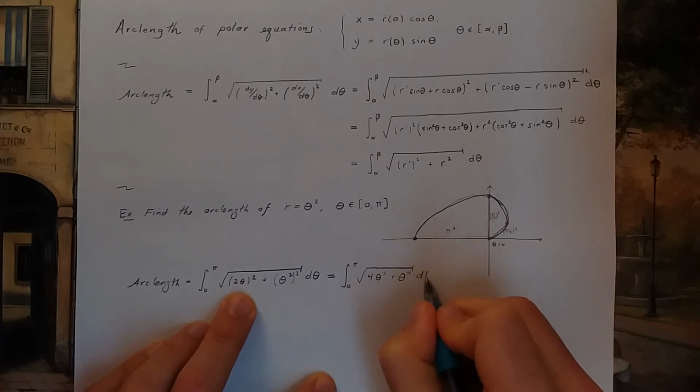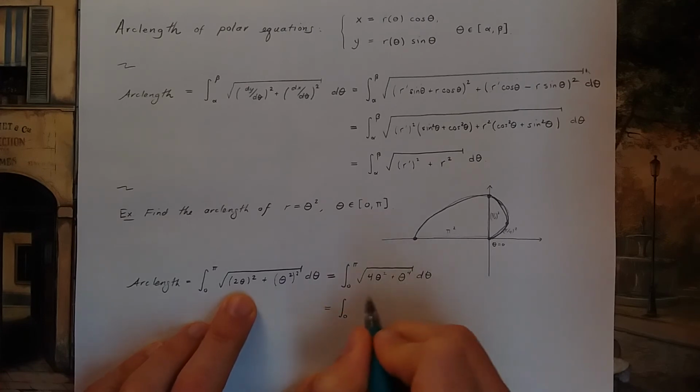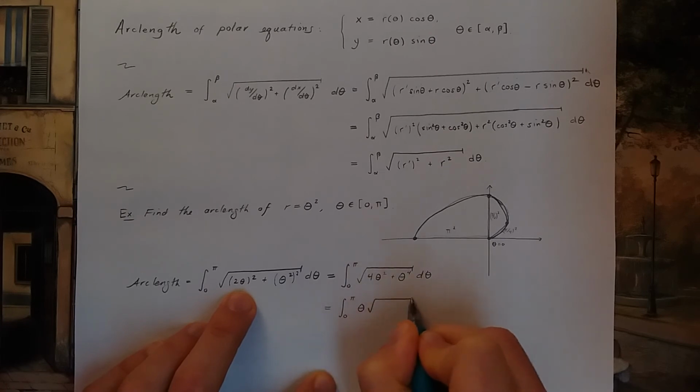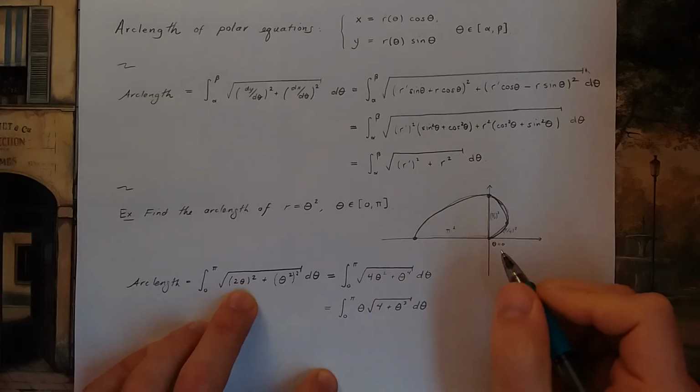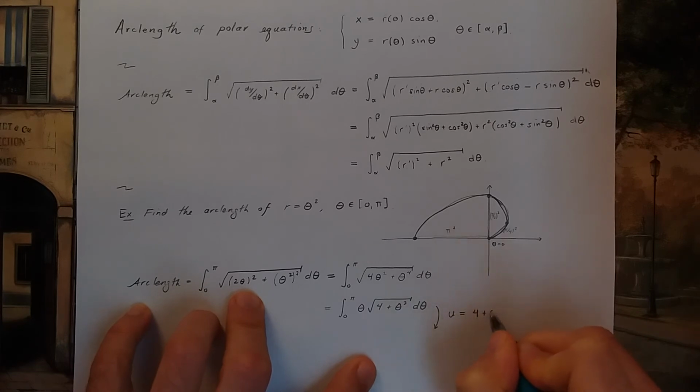I'm going to factor out a theta from the square root. So I get theta times the square root of 4 plus theta squared d theta. Well, now I could do a u substitution. So I'm going to do u equals 4 plus theta squared.